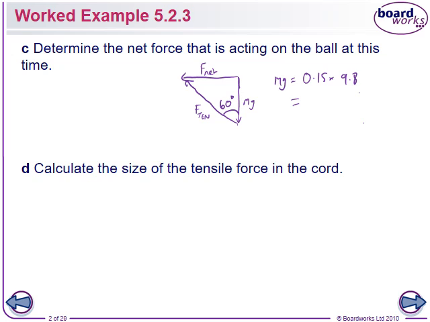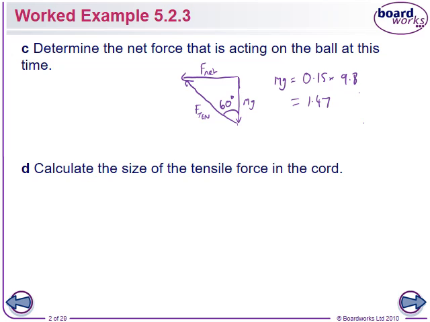It doesn't look right, does it? 0.15 times 9.8 is 1.47. So remember, in your working out, keep 4 significant figures. In your answer, you can do 2. So we know mg is 1.47.